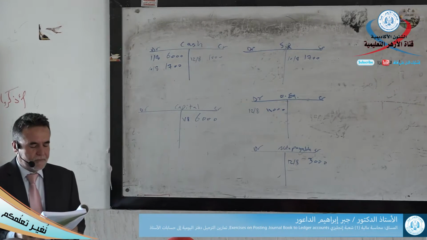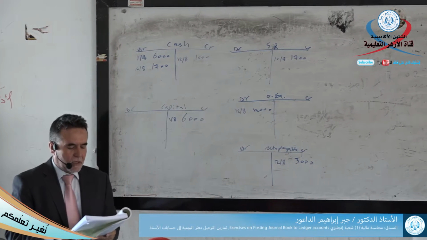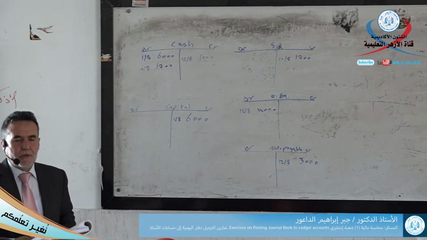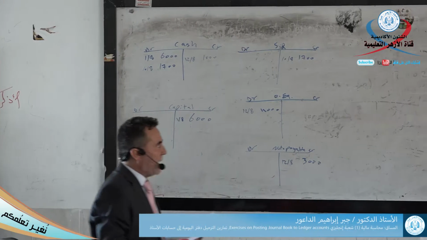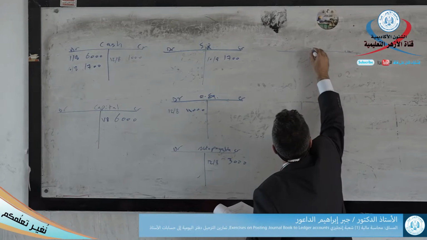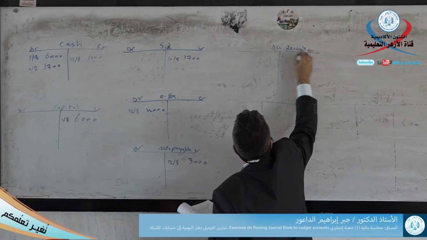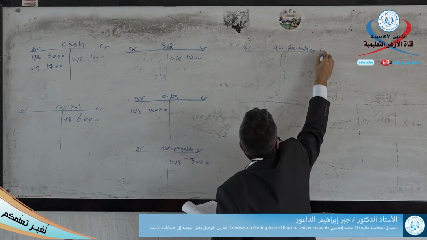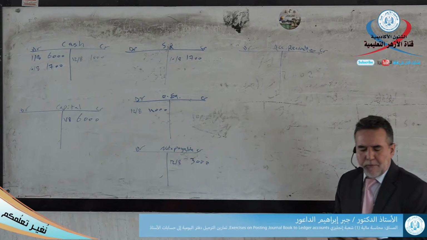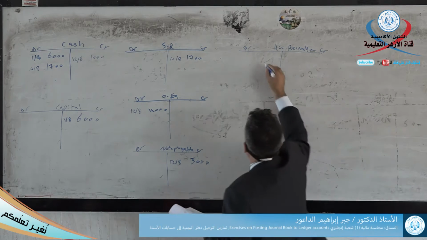Number 4, account receivable to service revenue. Account receivable debit side for 2,500.